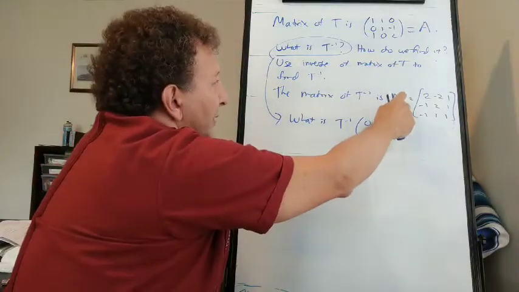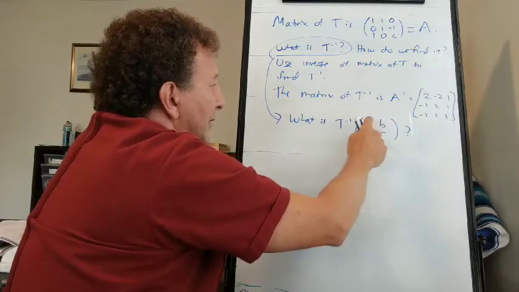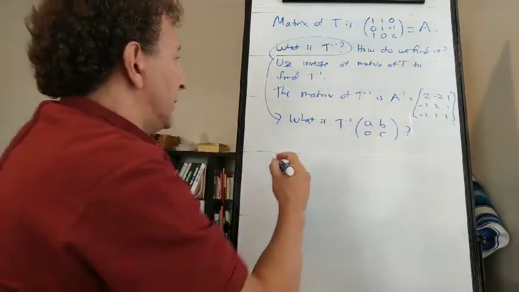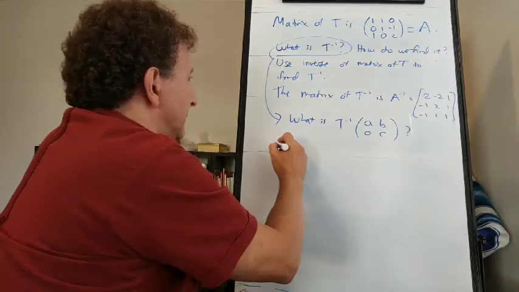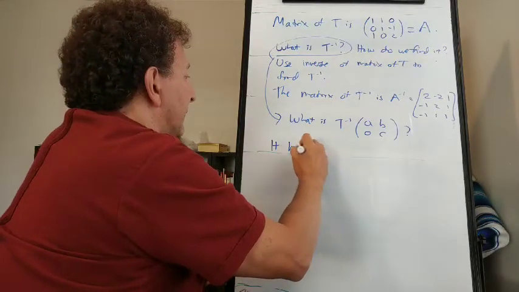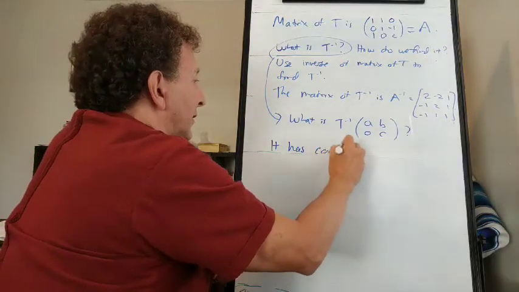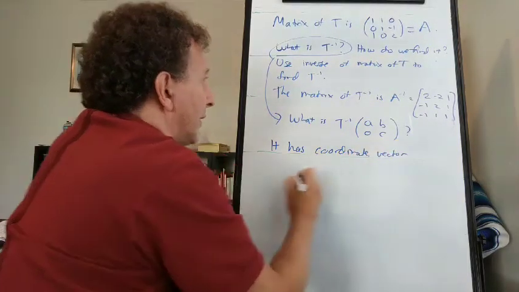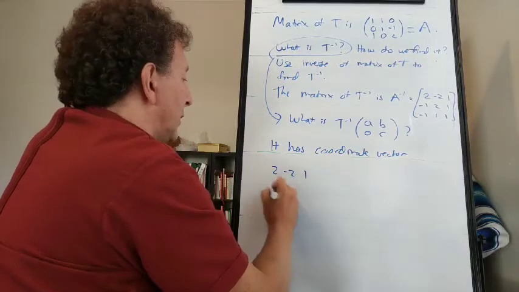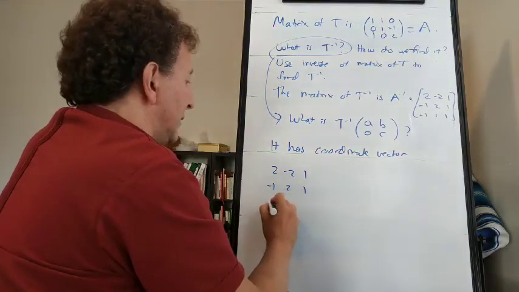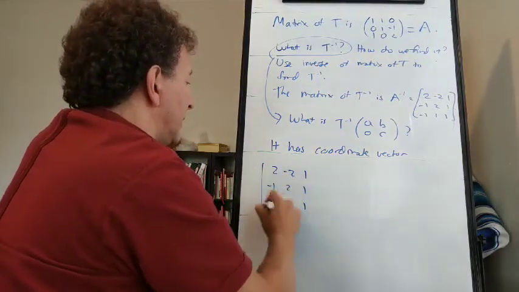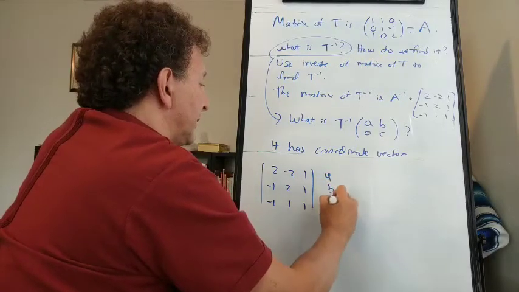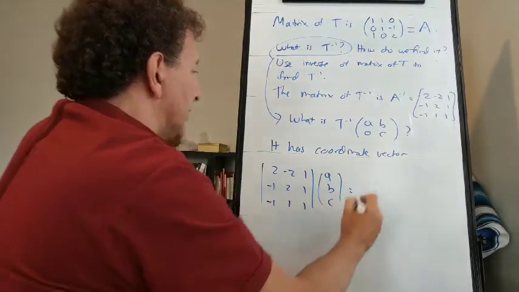Well, we can just apply this matrix A inverse to the coordinate vector A, B, C.